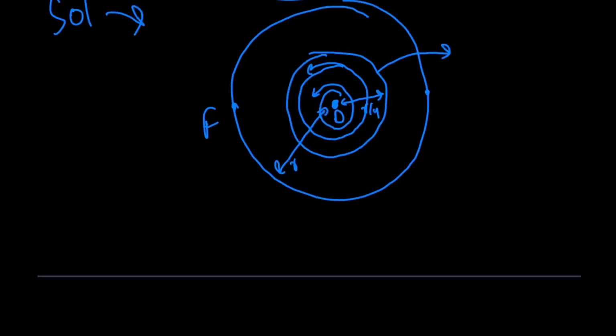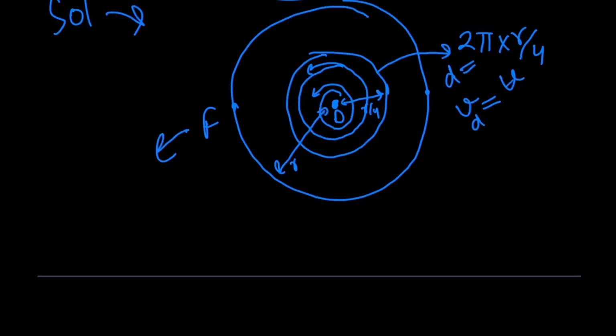If you do the calculations, the perimeter for a r/4 radius circle is 2 into pi into r/4, that is the distance, and the velocity for the duck is obviously v. For the fox, the perimeter is still 2 pi r, and the velocity is 4v.